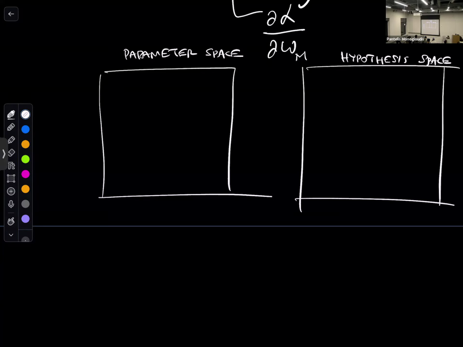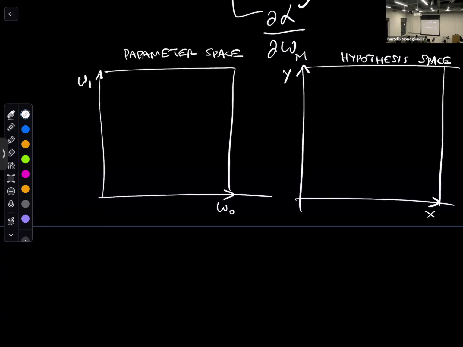How many parameters do I have? Two. What are the axes in the parameter space? W0 and W1. What are the axes in the hypothesis space? Where do I plot the hypothesis? In what axis? X and Y. These are the axes of my hypothesis space.